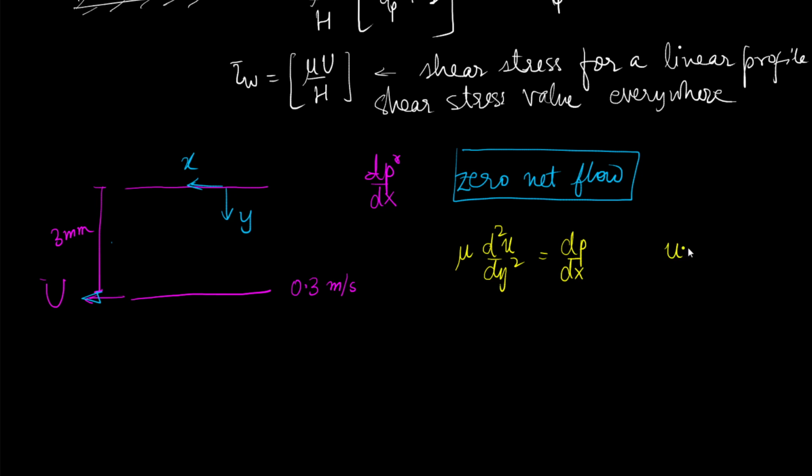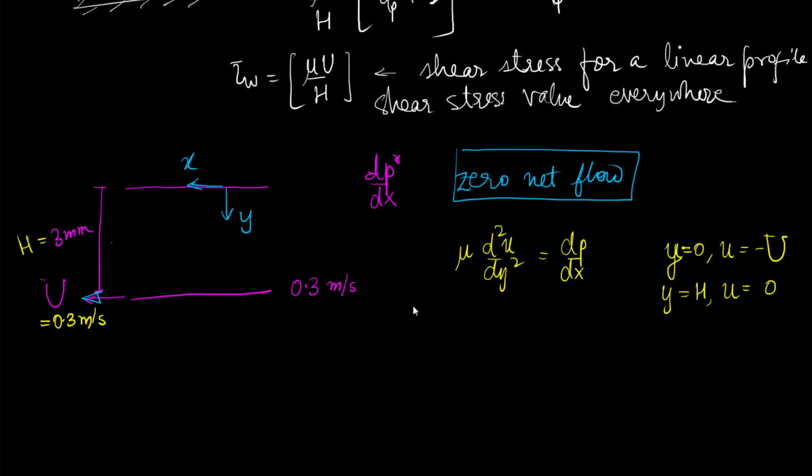At y equal to 0, u equal to minus capital U, where capital U is equal to 0.3 meter per second. At y equal to h, so h is basically 3 mm, u is going to be equal to 0. So these are the boundary conditions.